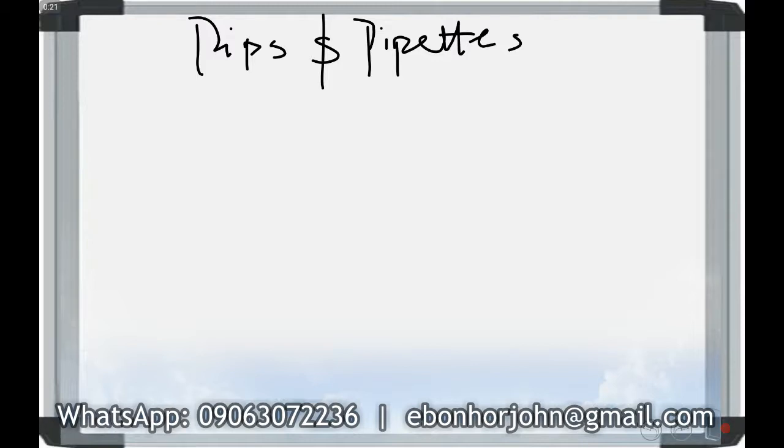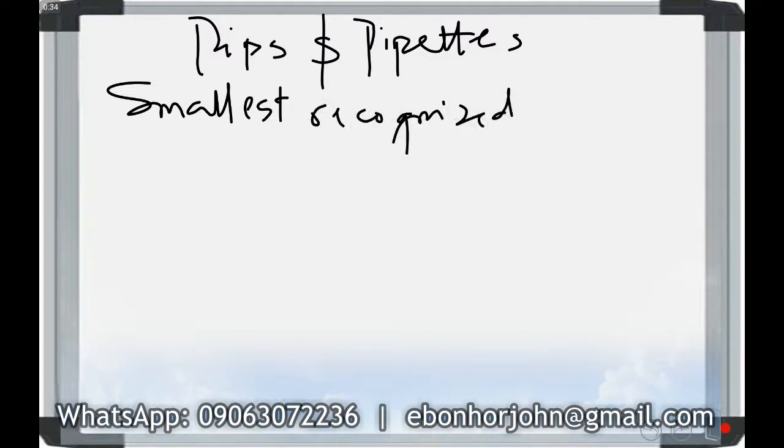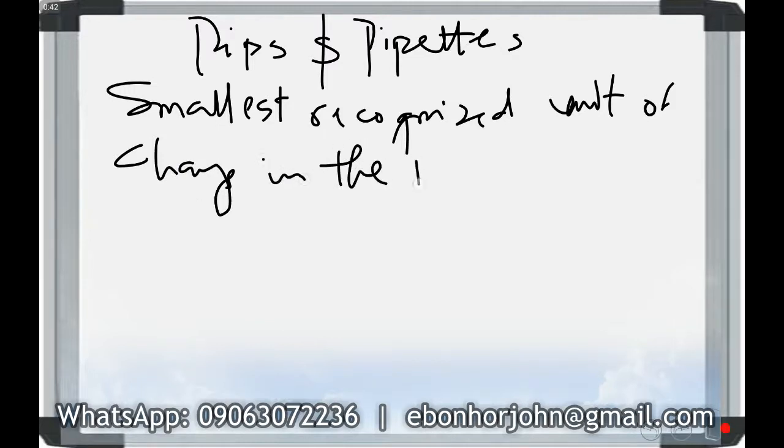Now, a pip is the smallest recognized unit of change in the price of a currency pair.